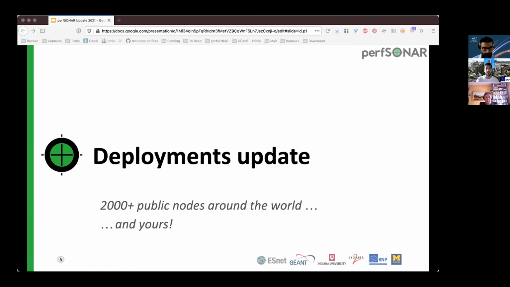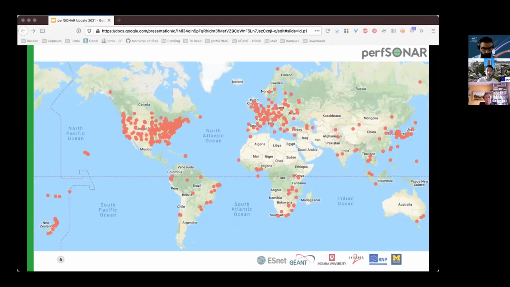So thanks to that, we can now have a look at the status of the deployments that we have of perfSONAR around the world nowadays. It's a bit more than 2,000 public nodes that exist, and I think the dispersion of the location of perfSONAR nodes is getting wider across the world since a few years.